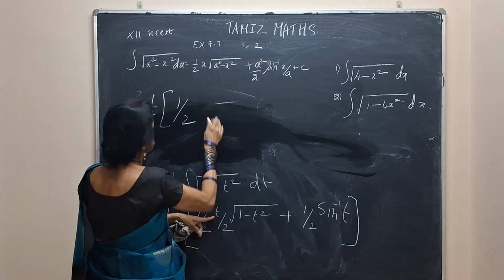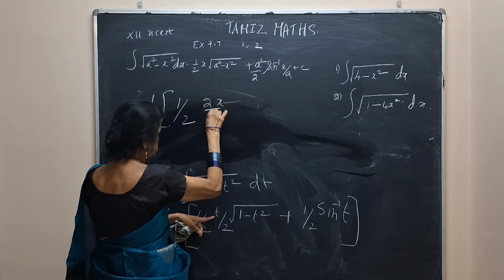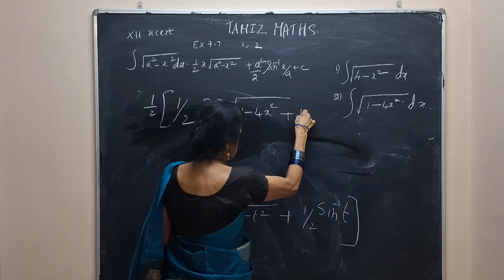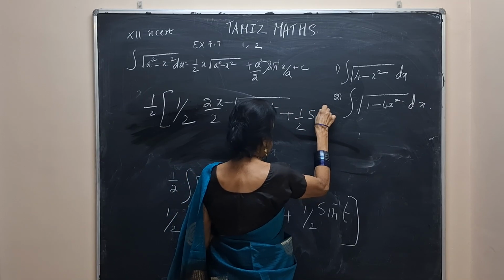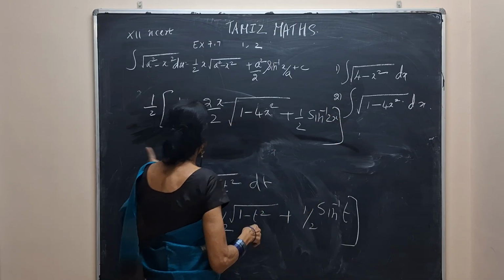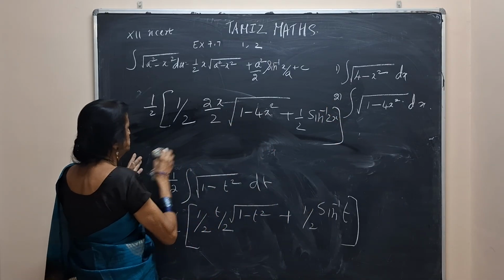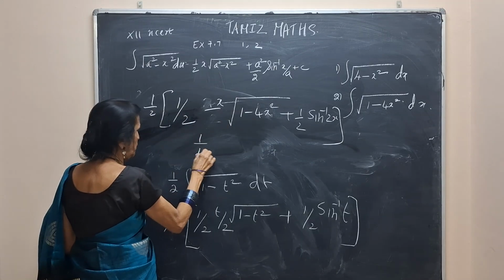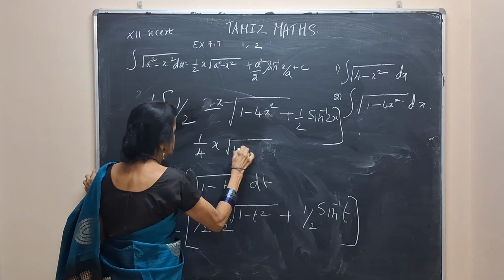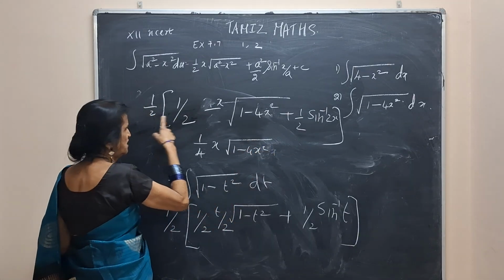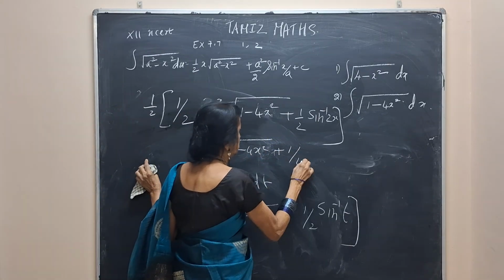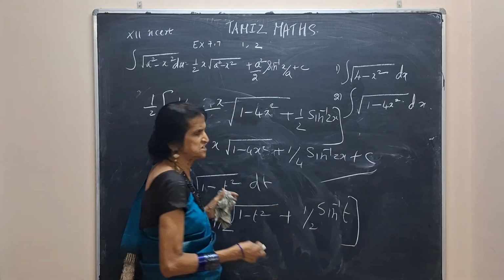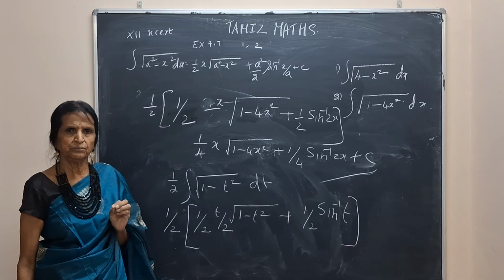Root of 1 minus 4x square plus half sine inverse 2x. Now this 2 and 2 will get cancelled. If you want to take this half inside, I said if you want, then this half and this half give 1 by 4 sine inverse of 2x. Of course, plus constant of integration c. This is the answer for the second problem.